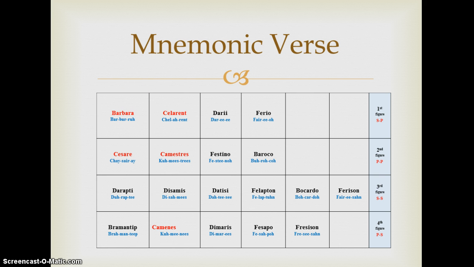The next vowel tells us that the minor premise is an A statement and that the conclusion is an A statement. So even though when we talk about mood, the book says that the mood of a syllogism is the major and minor premise, when we use the mnemonic verse, we will include the conclusion. So if we had a barber that we were looking at, we would say the mood is AAA. Celerant, the next one.